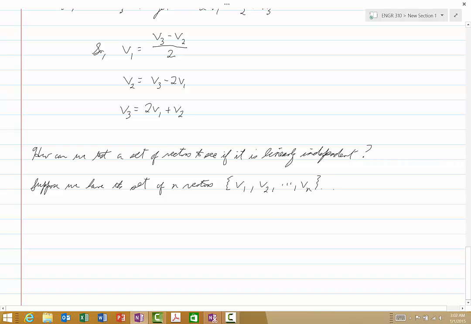Suppose also that each of these vectors has m components.